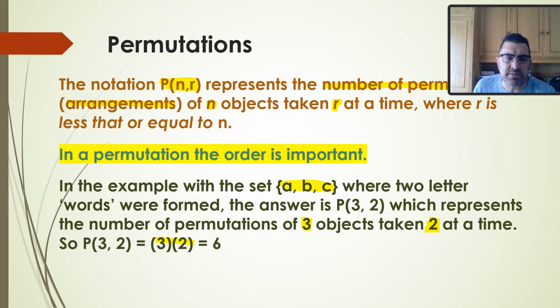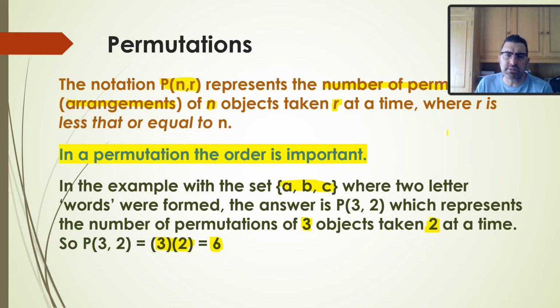And that is 3 times 2, which means the number of permutations is 6. There were 3 objects, and I need to take 2.